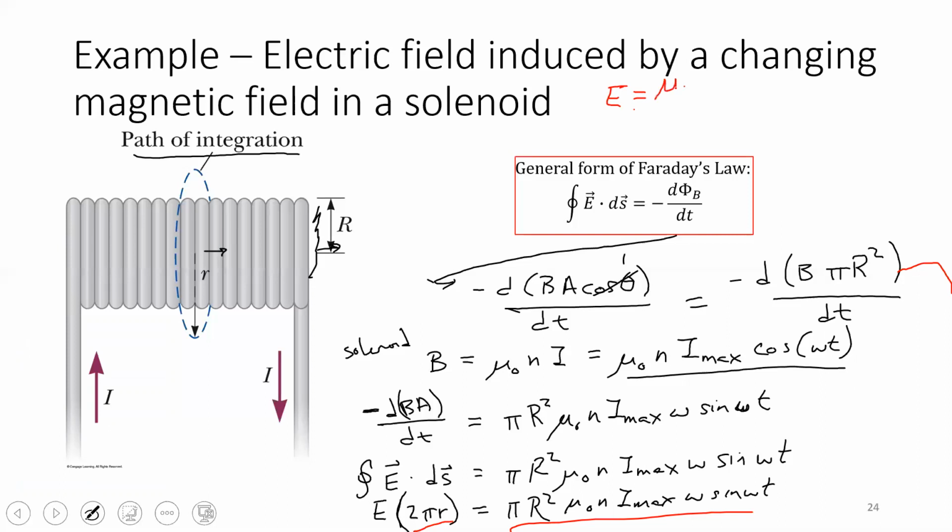So in this case, it's mu0 times n times I max omega R squared, 2r on the bottom there, and then sine omega t. And that is for when we are outside the solenoid.